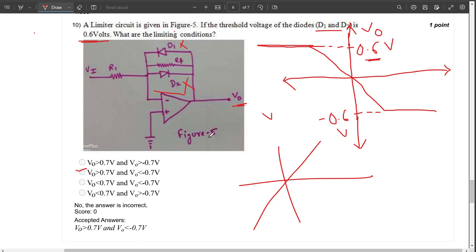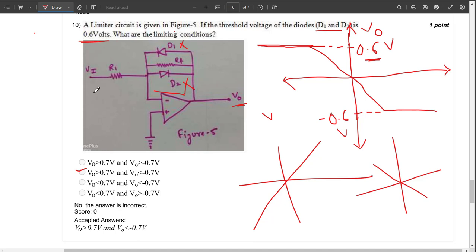It can increase linearly, but the first thing to notice here is it's inverting. A normal ideal inverter, if it is connected to the inverting node, would have been something like this, right? But here it has diodes connected to it, and thus it becomes a limiter circuit.